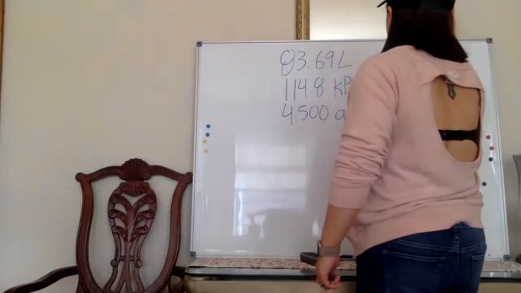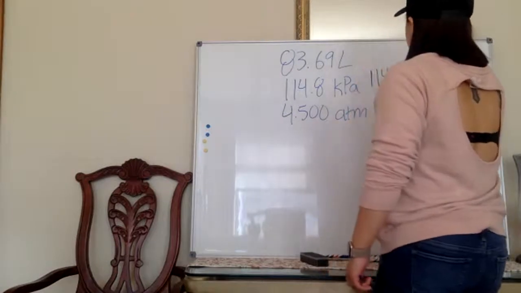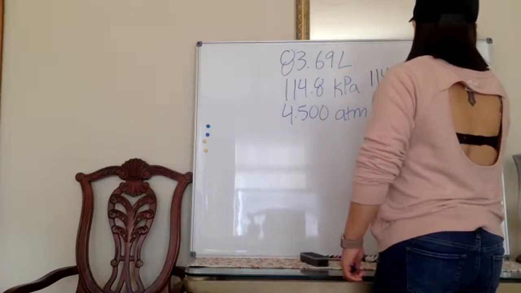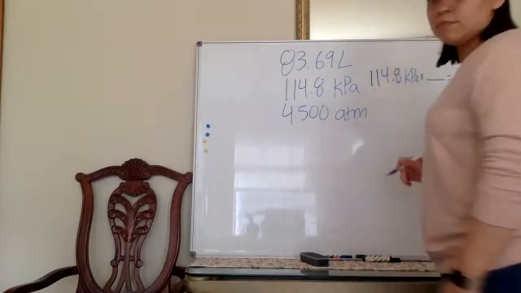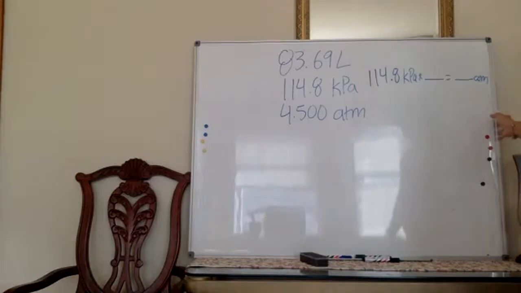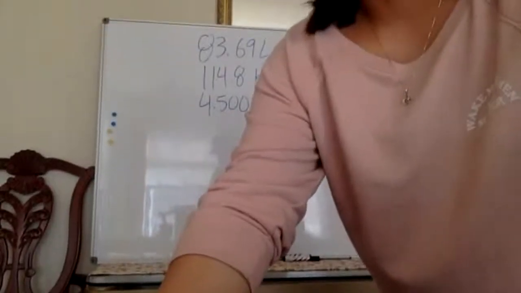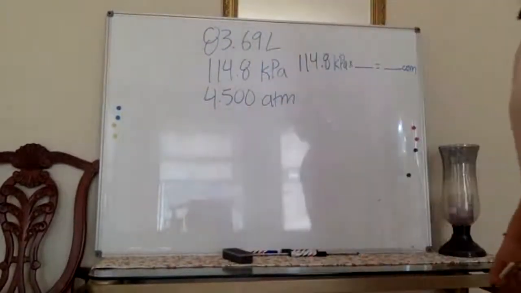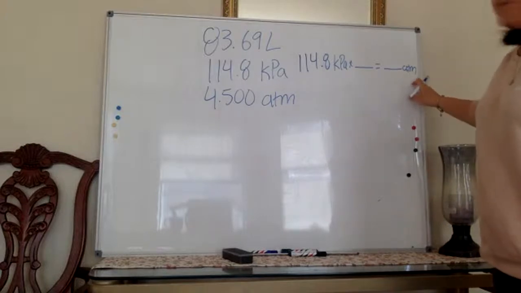So what I would do is multiply, and that is going to be equal to ATM. Let me make sure you can see that. Okay, so I'm going to convert kPa into ATM.